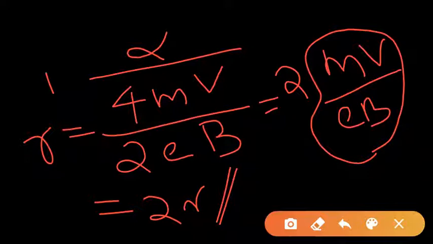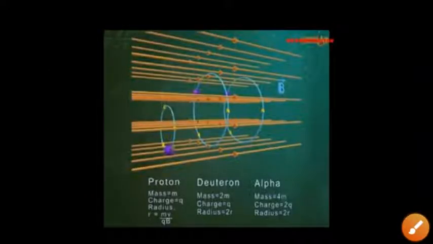We will get 2r. That is, the radius of circular path for deuteron and alpha particle will be twice that of the radius of circular path for proton. That is shown in the figure. Both deuteron and alpha particle will be having the same radius. Okay, this is how you have to compare the radius for different charged particles.